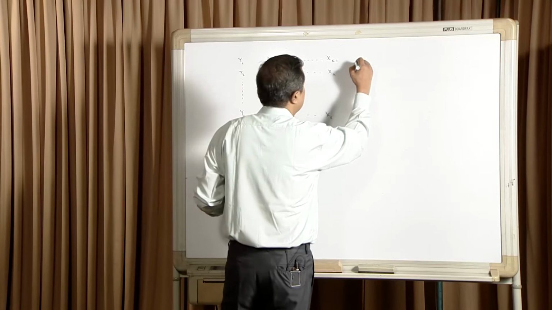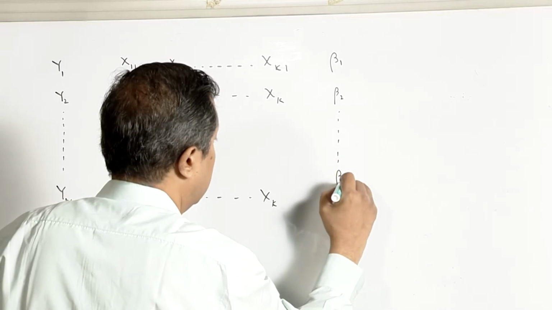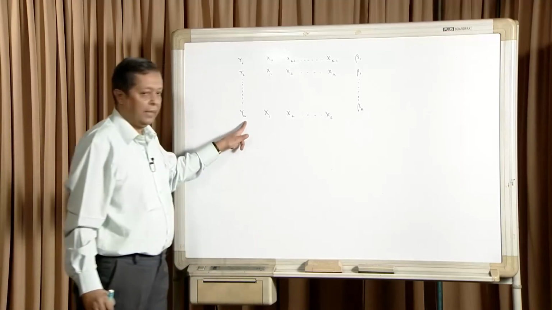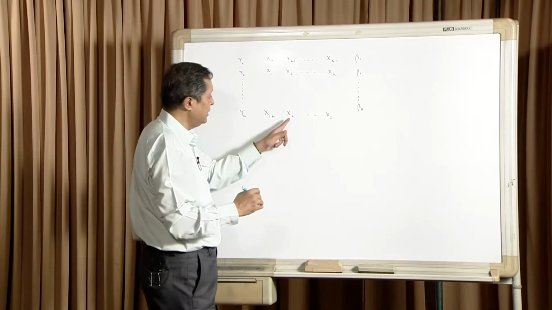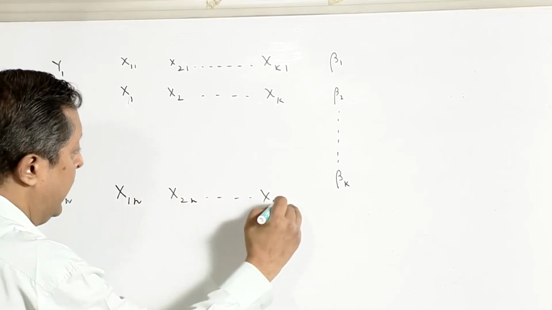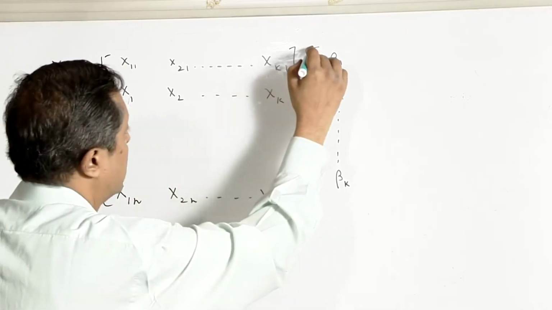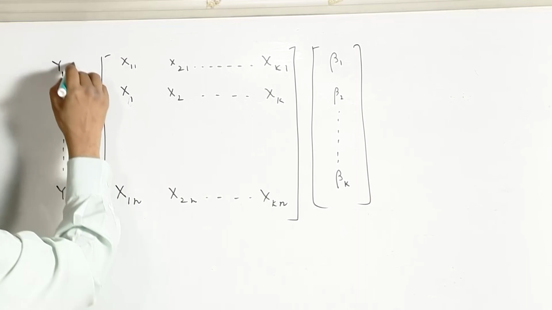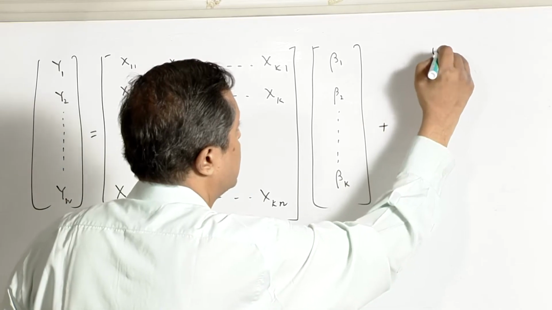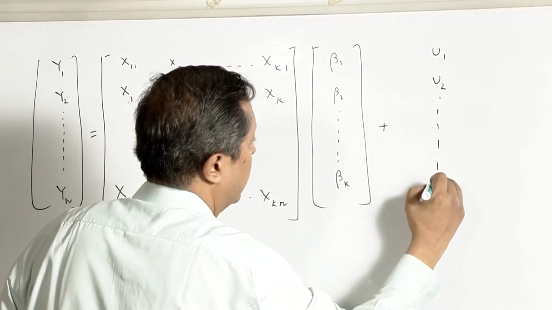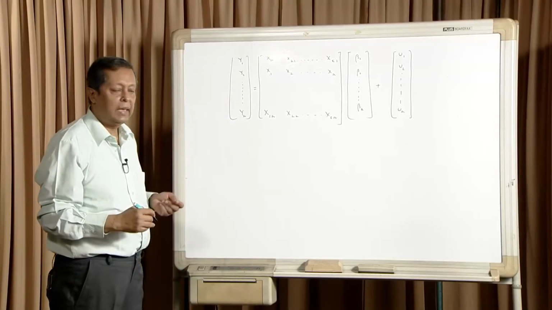So, we now write beta 1, beta 2 right up to beta k, and the nth y variable is associated with x1, nth observation, x2, nth observation through xk, nth observation. If we now put in the square brackets showing the matrix, that is basically our k variable model, and plus of course, we have the disturbance terms u1, u2 up to un. So, that is the matrix formulation of the k variable model.